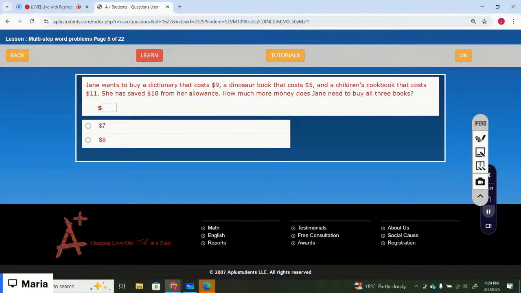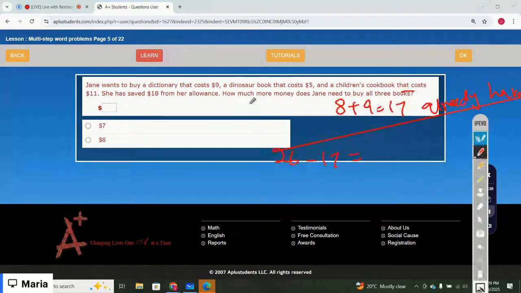How much more money does Jane need to buy all three books? 11 plus 5 is 16 and 9 makes 25.